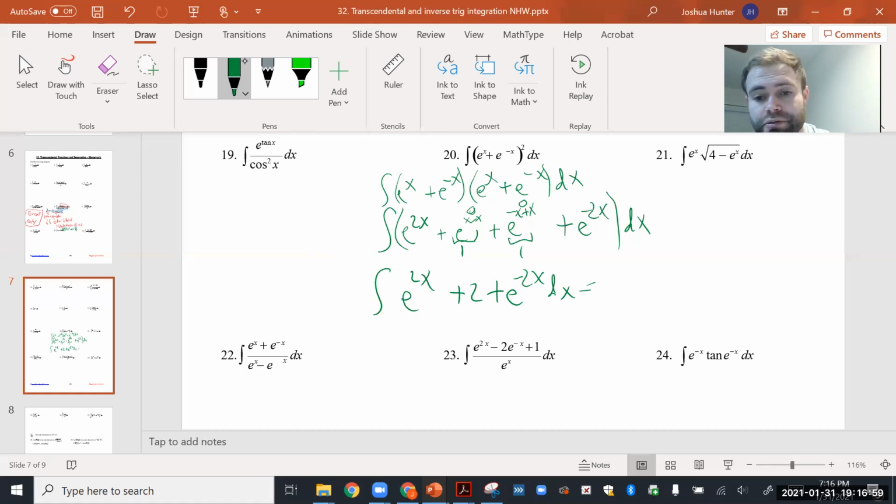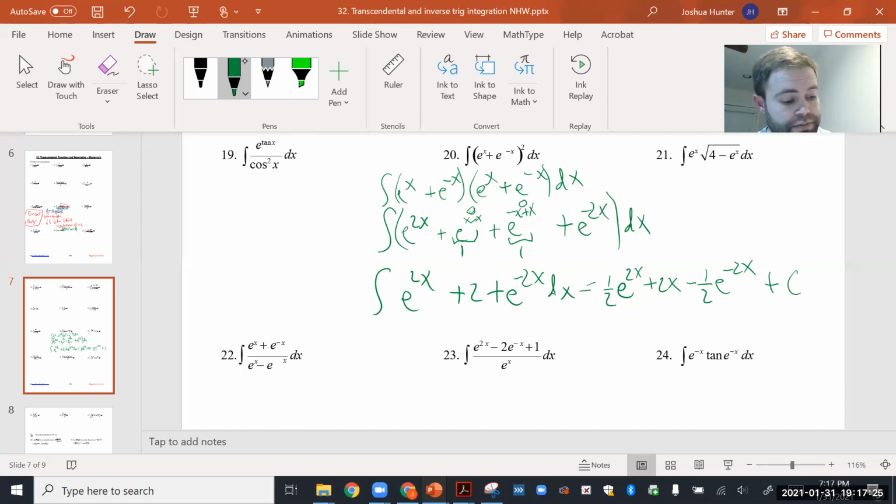I'm not going to fully formally do u sub. It will become 1/2 e to the 2x. And then the antiderivative of 2 is 2x. And then the antiderivative of e to the negative 2x becomes negative 1/2 e to the negative 2x, plus c.